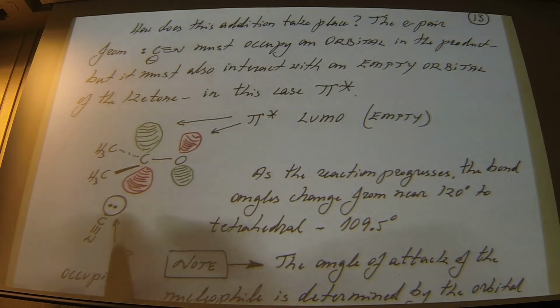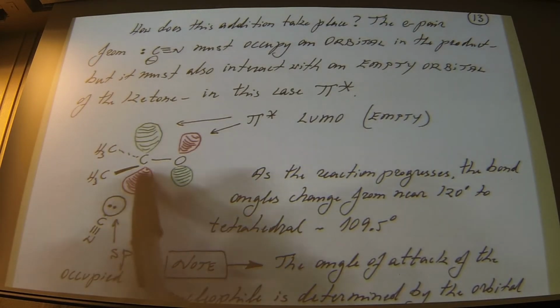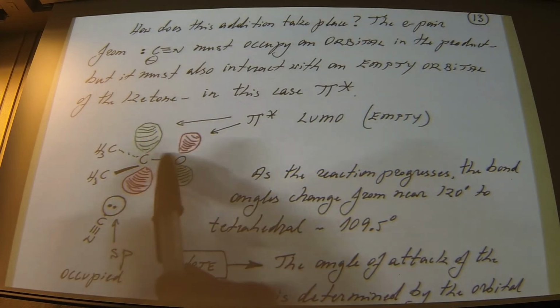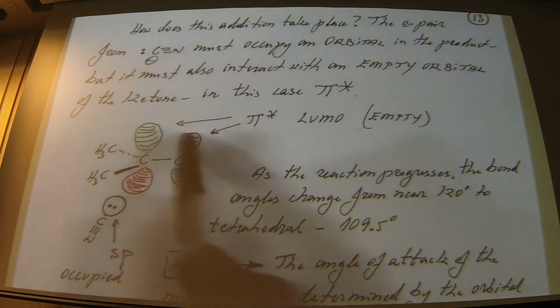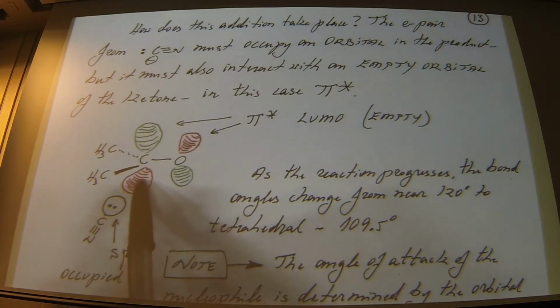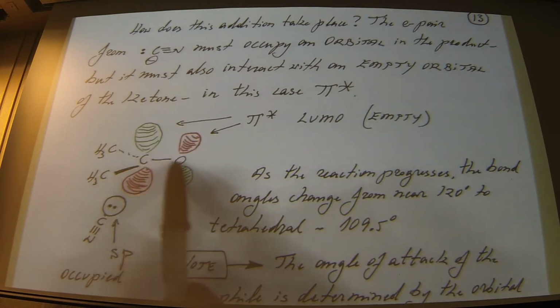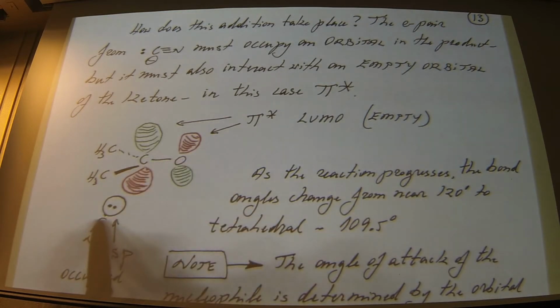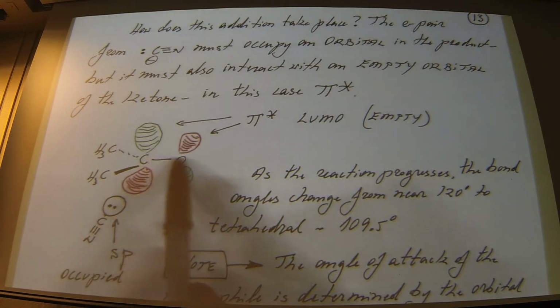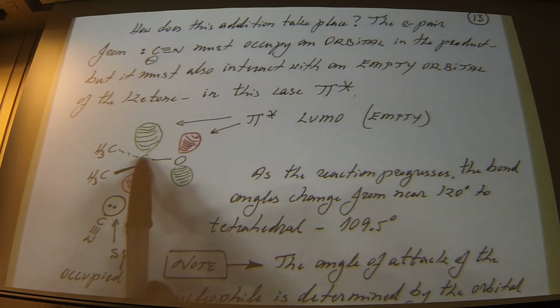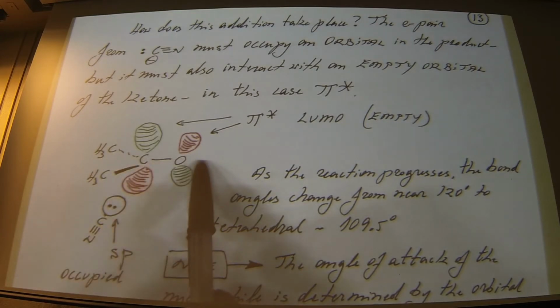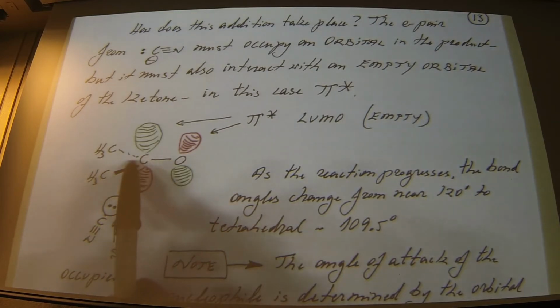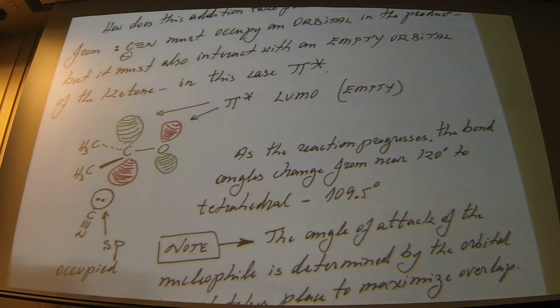It means that the electrons in this orbital overlap best with the empty pi star orbital, and notice that the polarity changes, so it's an anti-bonding orbital, it's empty, but this is where the electron pair goes. As the electron pair enters that pi star, I start to break the pi bond, and as that happens, this bond goes from a double bond to a single bond, you go from sp2 to sp3 hybrids, and you go from 120 degrees to roughly 109.5 degrees.